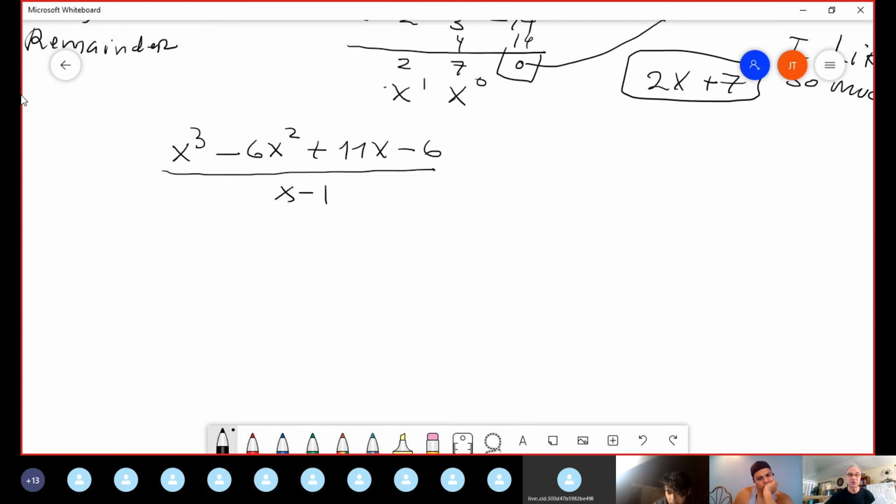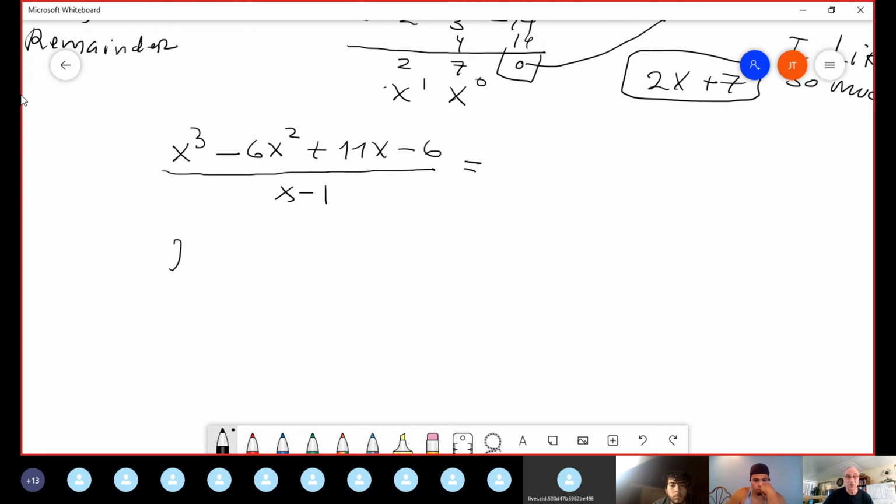Okay, polynomial of degree 3 on the top, polynomial of degree 1 on the bottom. So what's the answer? When you perform that division, you obtain a quotient of degree 2, and the remainder, I have no idea.